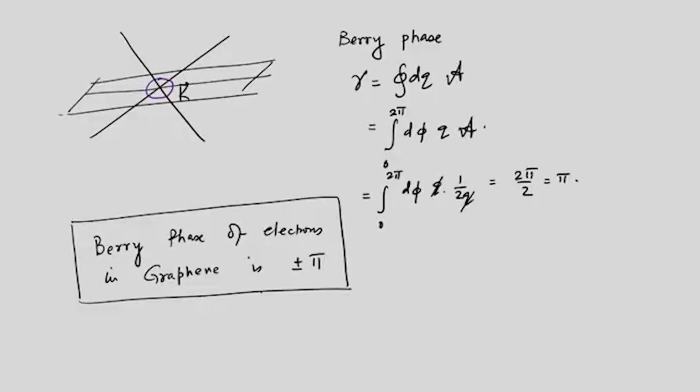So, the bulk will have a gap, but electronic states will be able to conduct through the edge modes, and this is exactly the picture that we have presented earlier in the context of quantum Hall samples. Okay. So, the Berry phase comes out as plus minus pi.